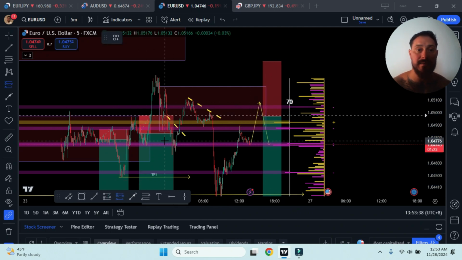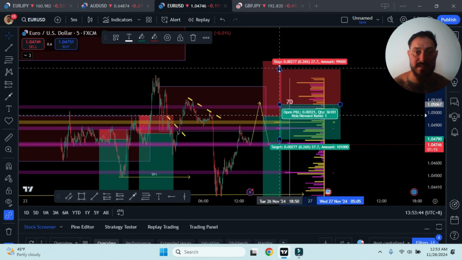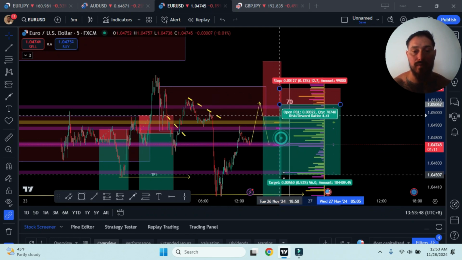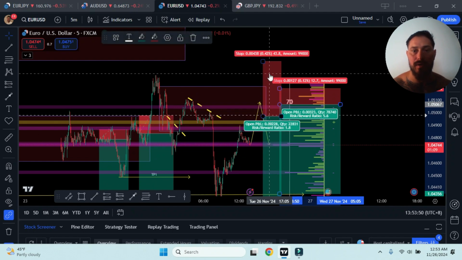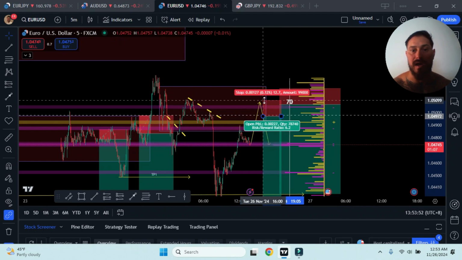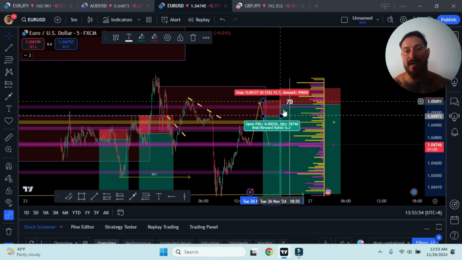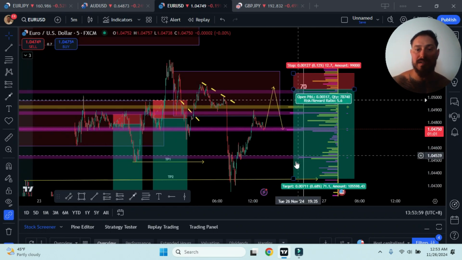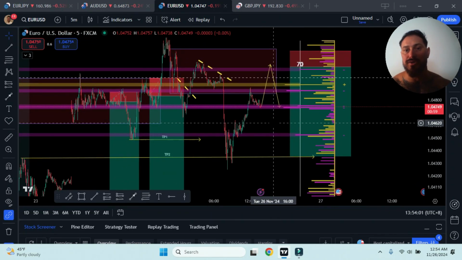So if I see an attempt just like this, another attempt, and it starts to fail, I will short that and put my stop above that second failure high, and I will get right back into the trade, and I will cut this one for a loss. I'm sorry, for break even. As it comes into this, I will cut this for a break even loss, and I will take this for the full trade. I'll just treat it like a brand new trade.